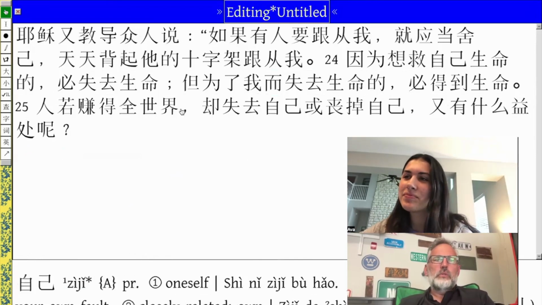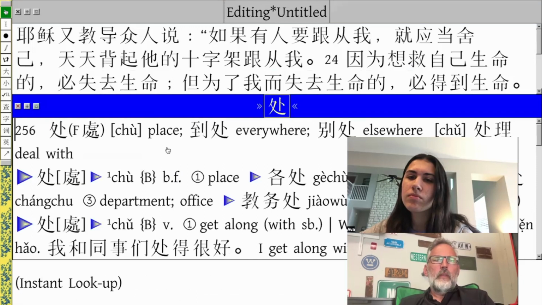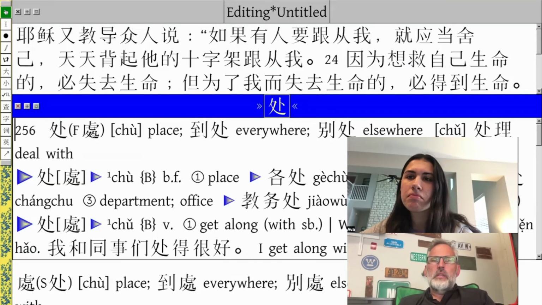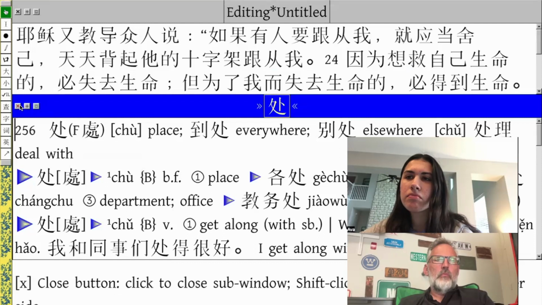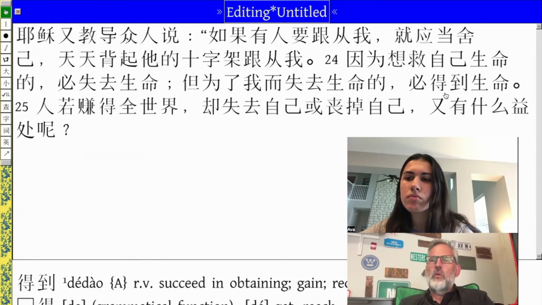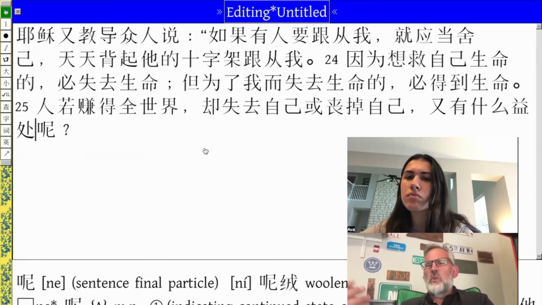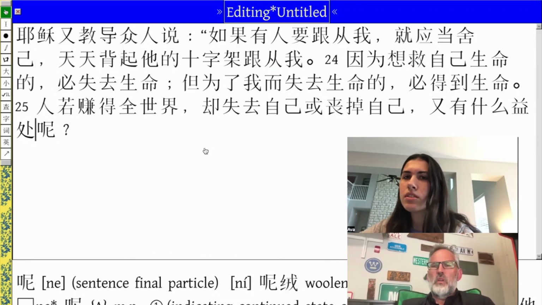So 益处. What, and "chu" means place, and so I guess it's like, what sort of profitable place does this give you, or 有什么益处呢? What benefit is that to you?